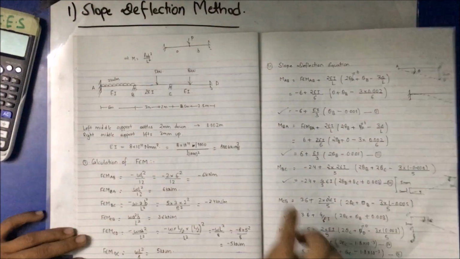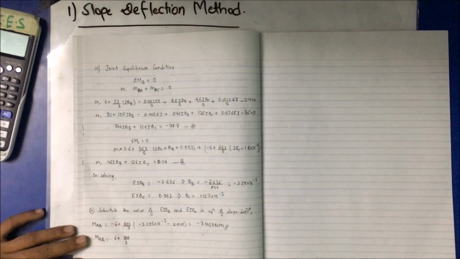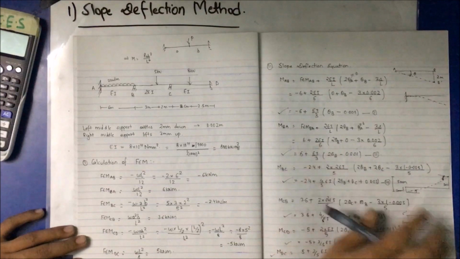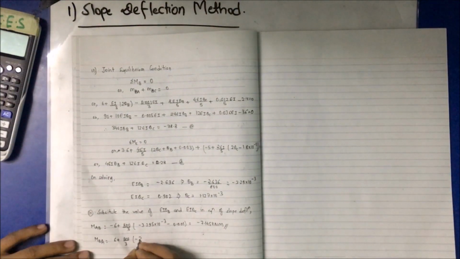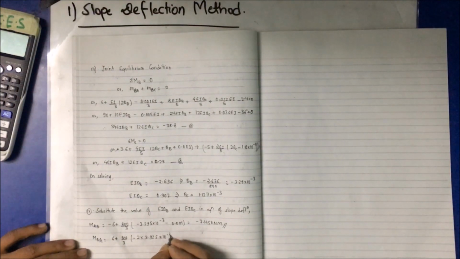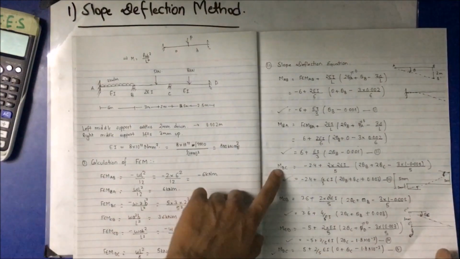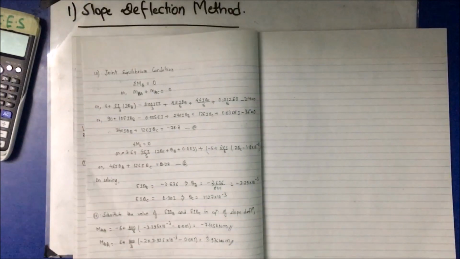That means 2EI and 3 calculated, so of 2 and 6 we get 1 by 3. 800 by 3 minus 2 multiplied by 3.925 multiplied by 10 to the power minus 3, 0.001 is equal to 3.976 kilonewton meter. Similarly, keep on substituting the values of theta b and theta c. We'll get the value of all the others.